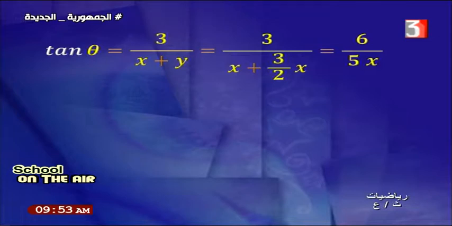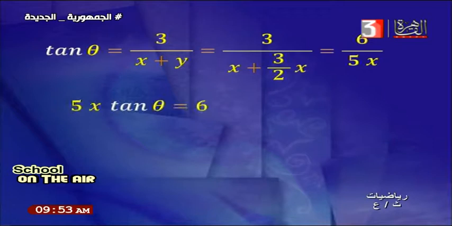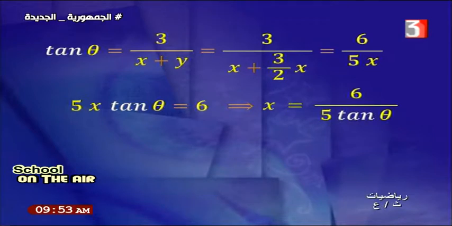Then tan theta equals 6 over 5x. Cross multiplication, 5x multiplied by tan theta equals 6. Then x equals 6 over 5 cot theta.